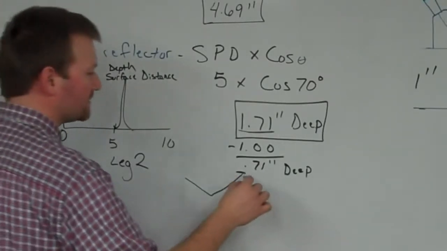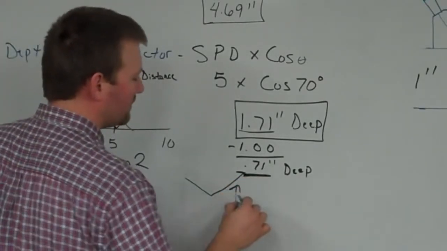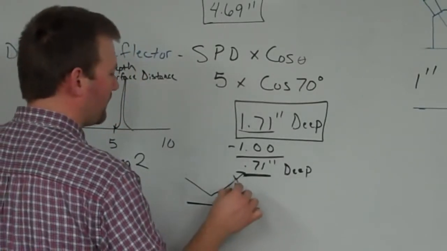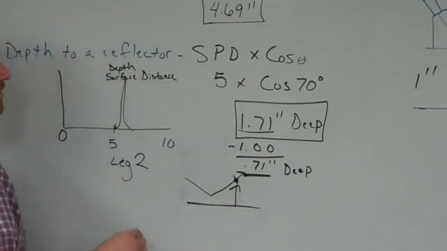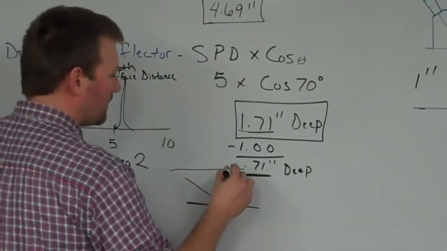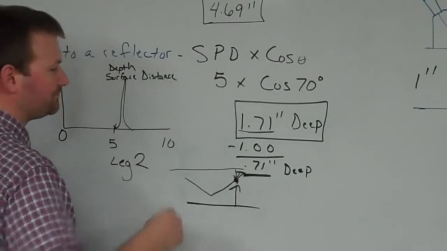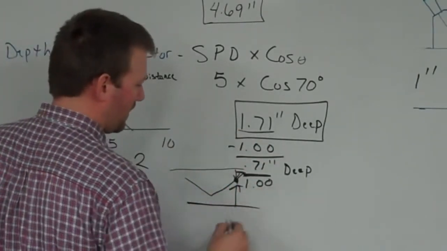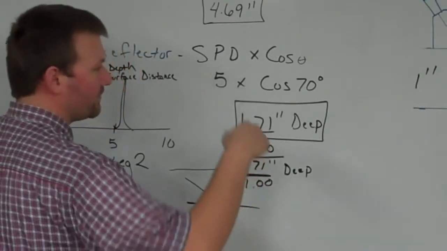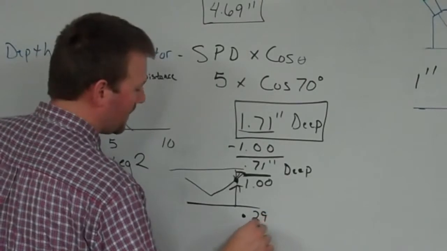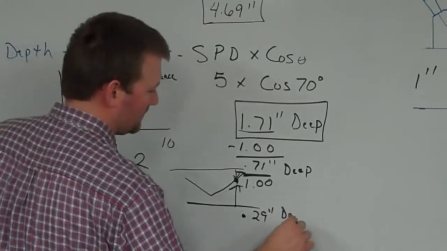This 0.71 is from the bottom of the plate up to that reflector. We want to know from the top down where that defect is, so we subtract out 1 inch again, and that tells us that from the top down, that defect is actually 0.29 inches deep.